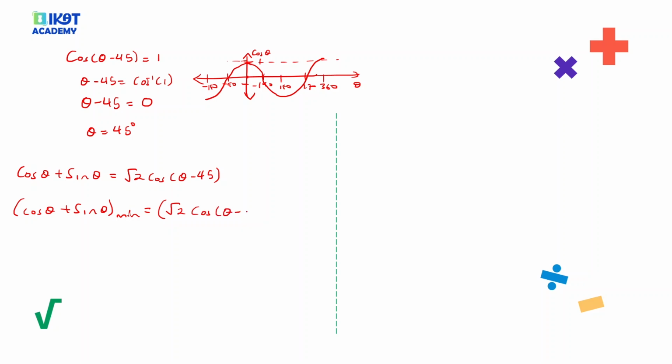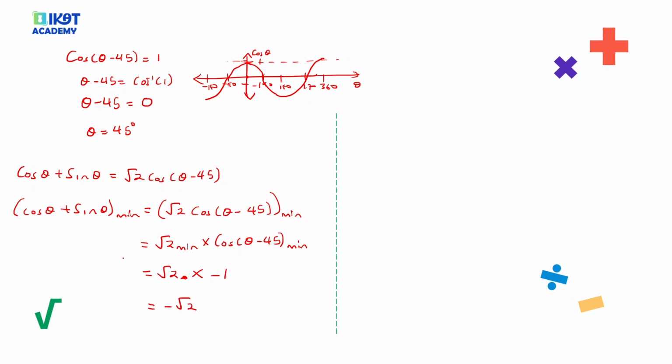So this is going to be the minimum of root of 2 times the minimum of this. And we say the minimum of any cos or sine is negative 1. So the minimum of this is root of 2 times negative 1.